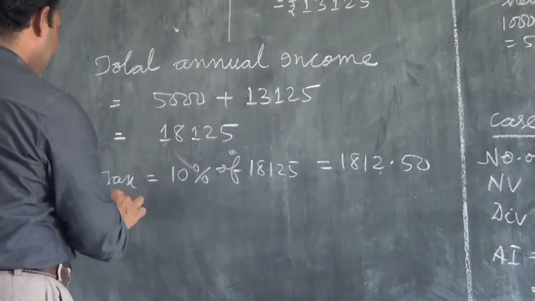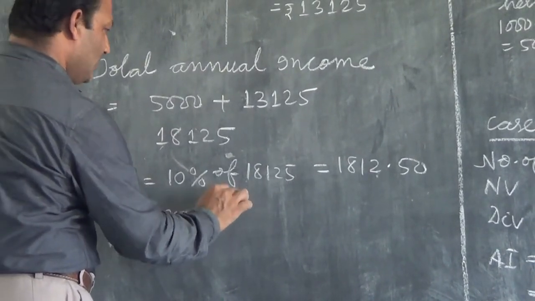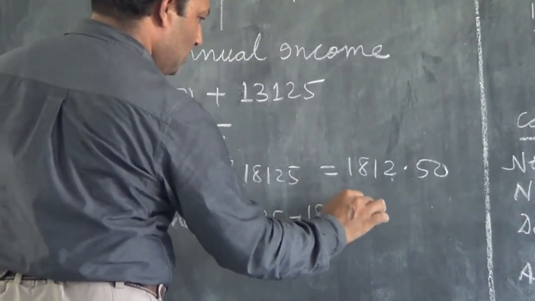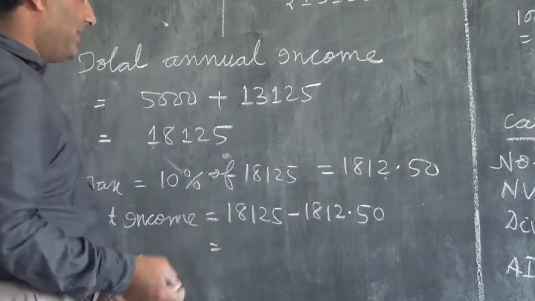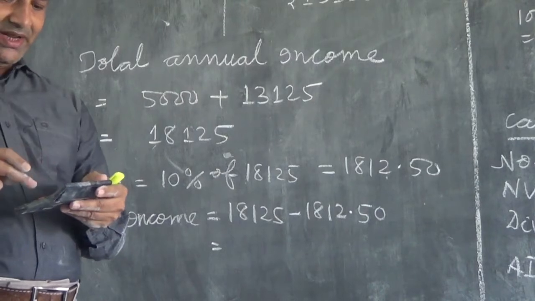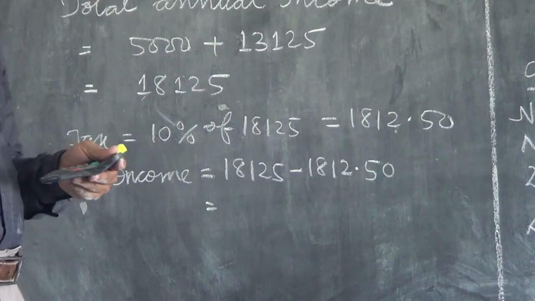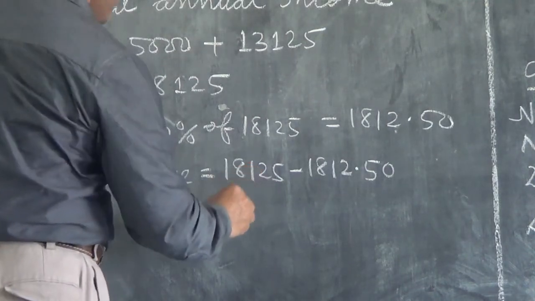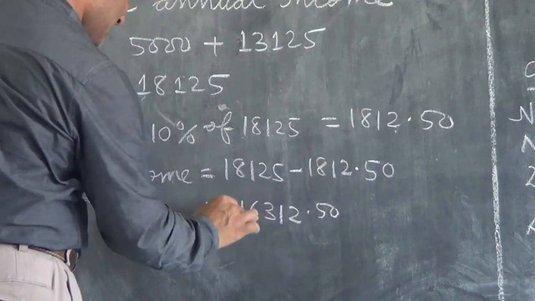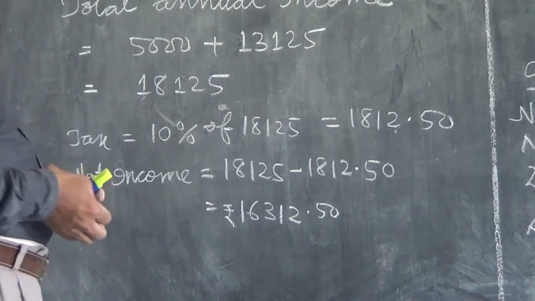So net annual income equal to 18,125 minus 1812.50, and the answer is 16,312.50. This is the net annual income that he will get after the deduction of income tax.